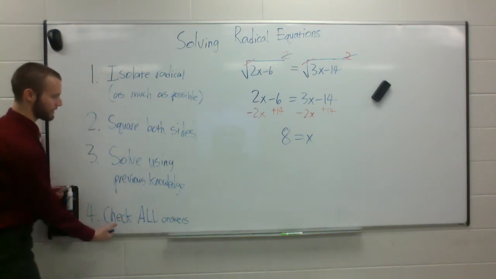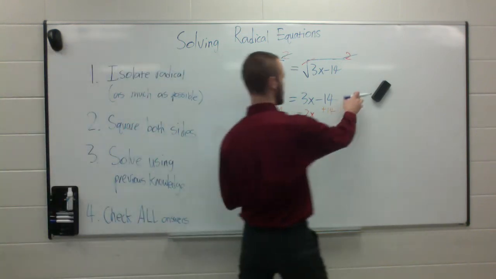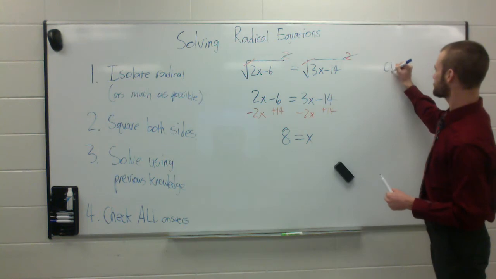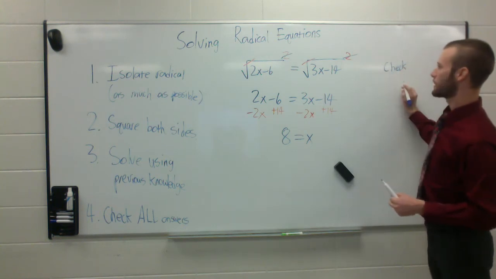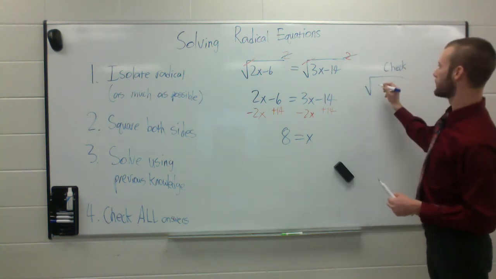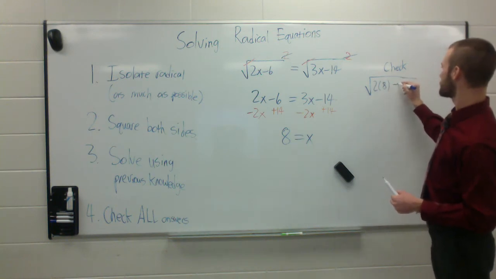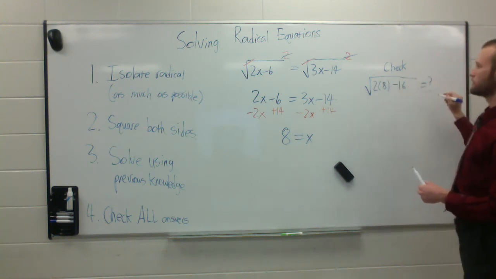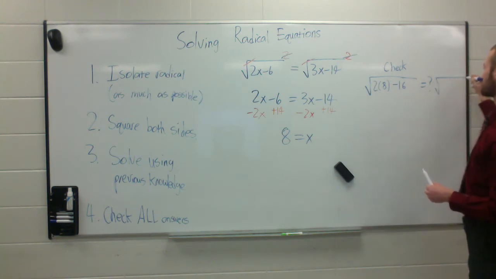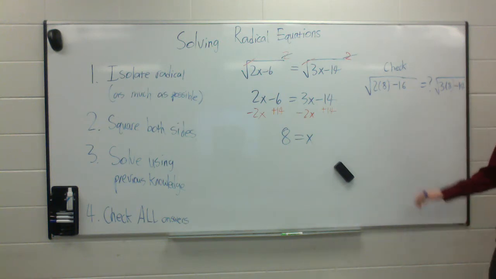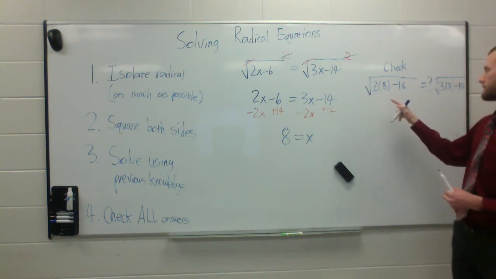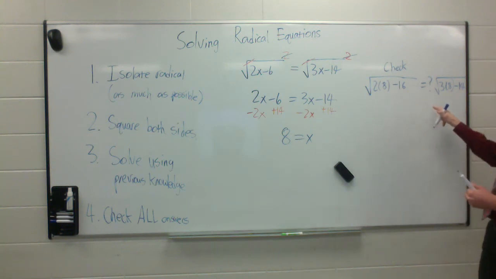Remember, last step, check your answer. So, off to the side here. The square root of 2 times 8 minus 6, does this equal the square root of 3 times 8 minus 14? 2 times 8 is, what did I do here?